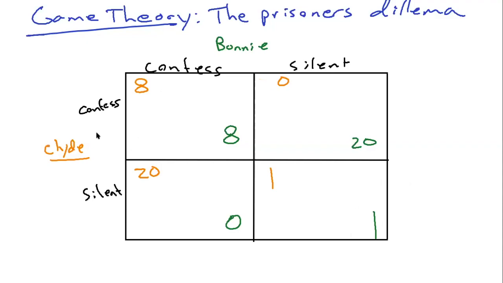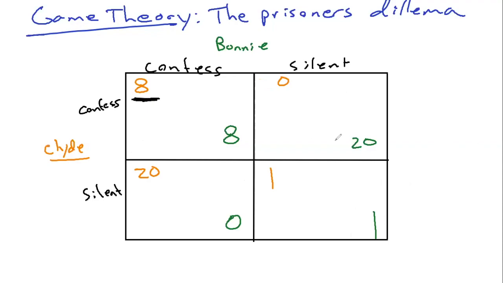So let's say we're Clyde, and let's assume Bonnie is going to confess. Now he can either stay silent and get 20 years or confess and get 8 years. Obviously, he's going to confess if he knows Bonnie's going to confess. So we'll put a little underline here. That's what he would prefer to do in the case Bonnie confesses.